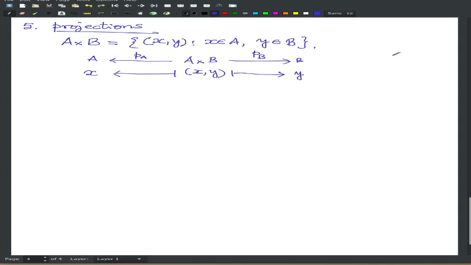So if you try to make a picture for it, if this is the A axis and this is the B axis, then your projection is this, and this is your projection p_B.